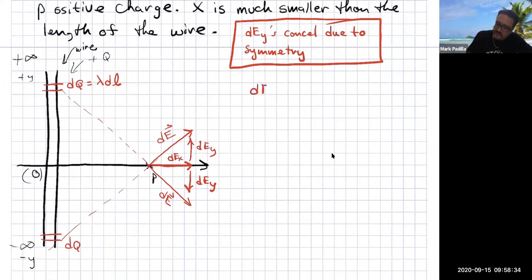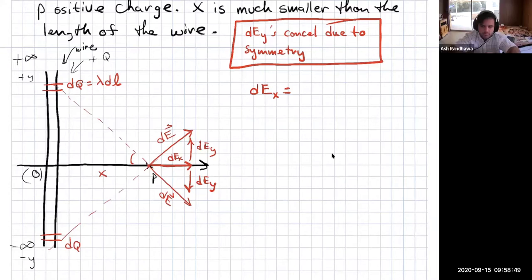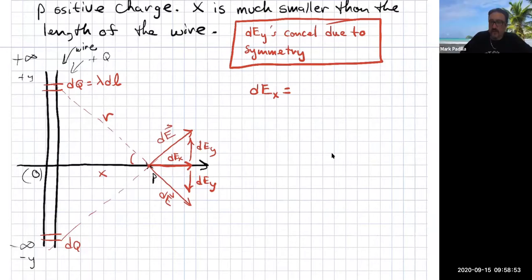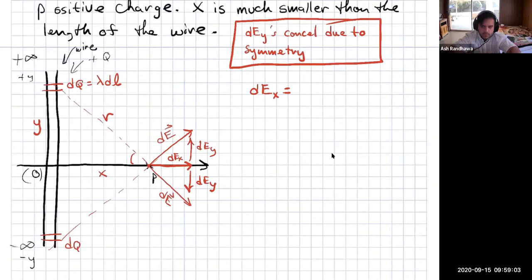So now I can say dEy's cancel due to symmetry. So dEx is equal to what? Well, if this is theta, I said this is x. Remember, the length from dQ to point P is always defined as what? R. Now we have a distance from O up to dQ. We're going to define that as y. Why not a?